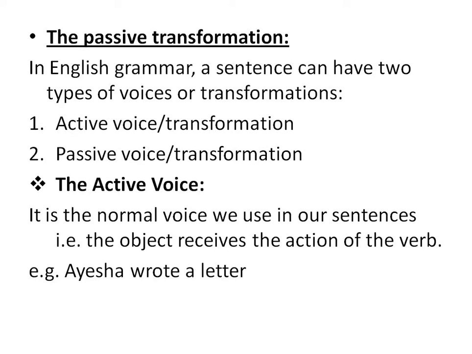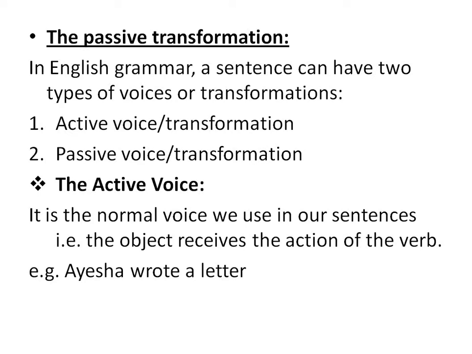This is what we call the active transformation or the passive transformation of the voice, meaning any sentence or any utterance that a person speaks. A sentence can be transformed either into passive voice or into an active way. So our focus is on the passive transformation.